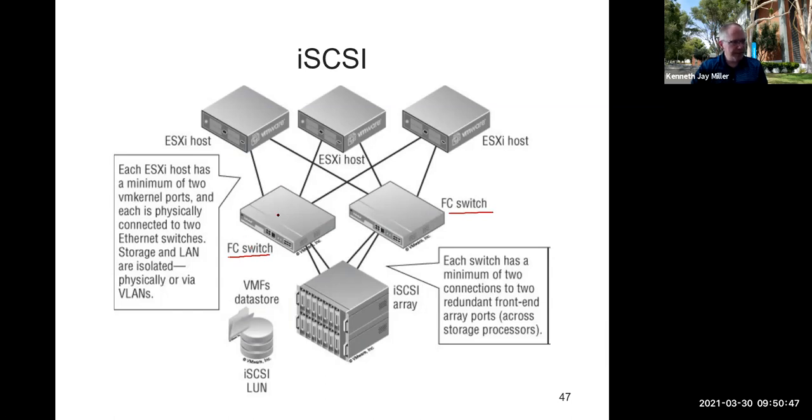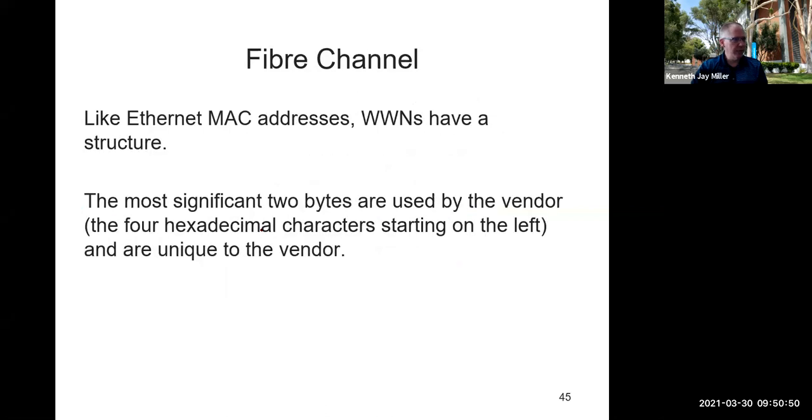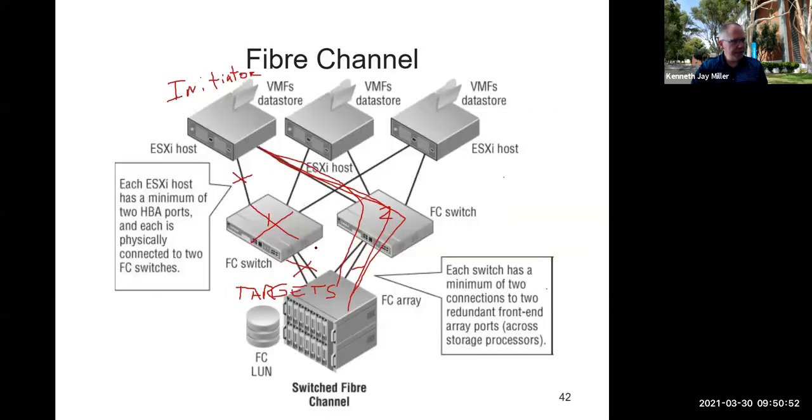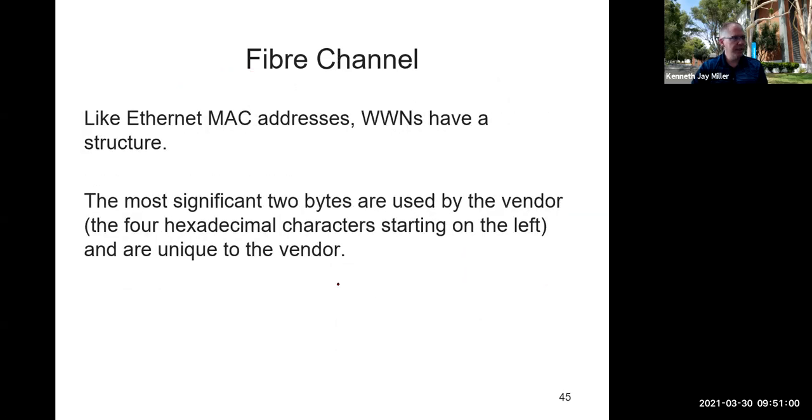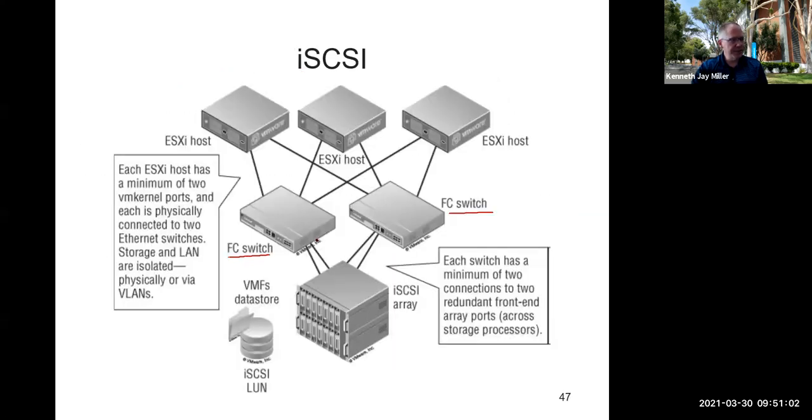They're not proprietary like they were here. These are proprietary, meaning this adapter card and this adapter in the back have to be fiber channel, whereas here, these can just be traditional Ethernet connections. So this is just a standard network connection, standard network fiber optic switch, standard Ethernet connection on the back. Okay, so that's the iSCSI.